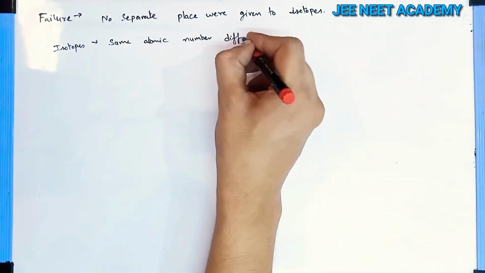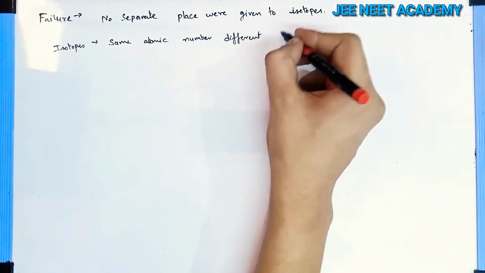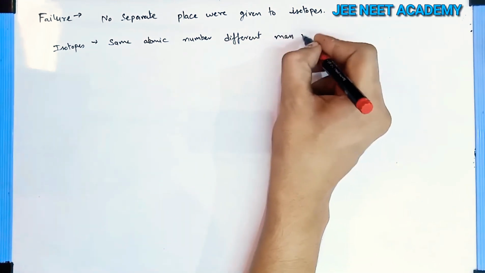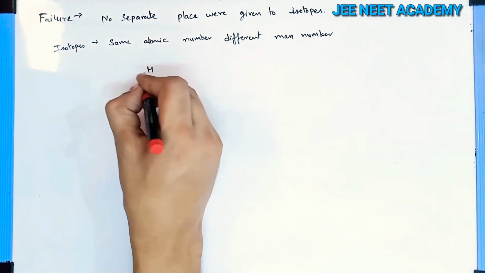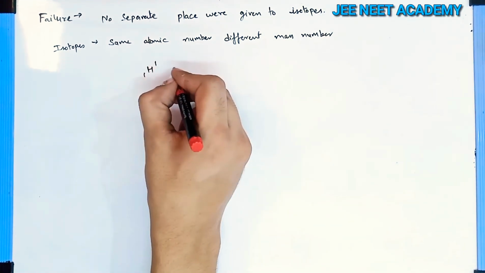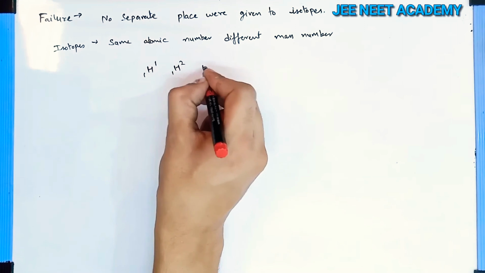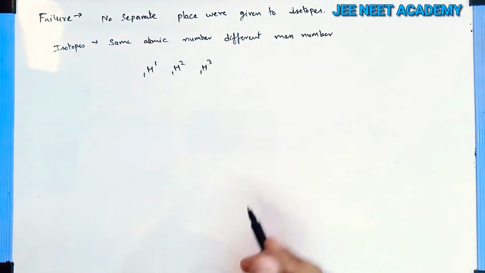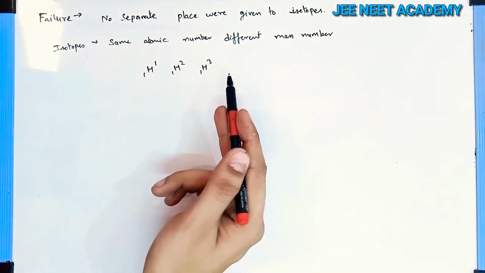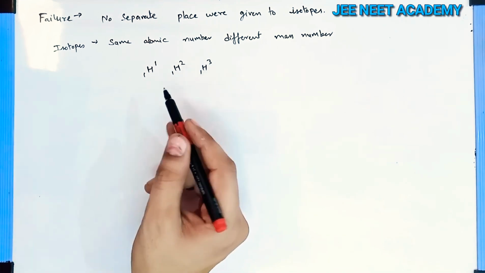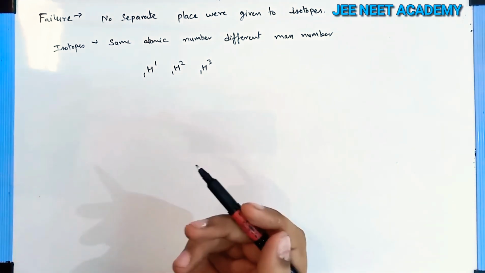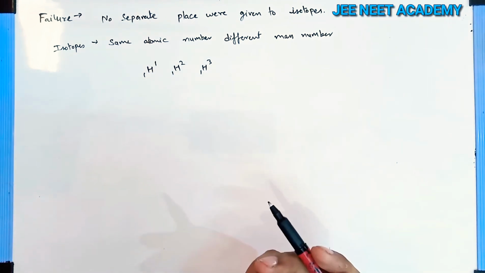Different mass numbers, like 1H1, 1H2, 1H3. These are isotopes, and the atomic weight of each atom is different, but these are all the same element, hydrogen only.